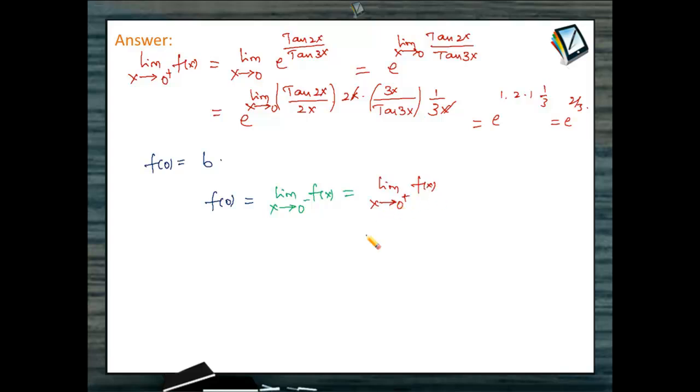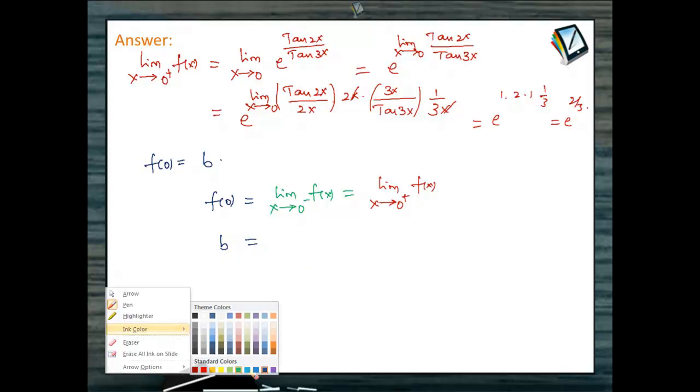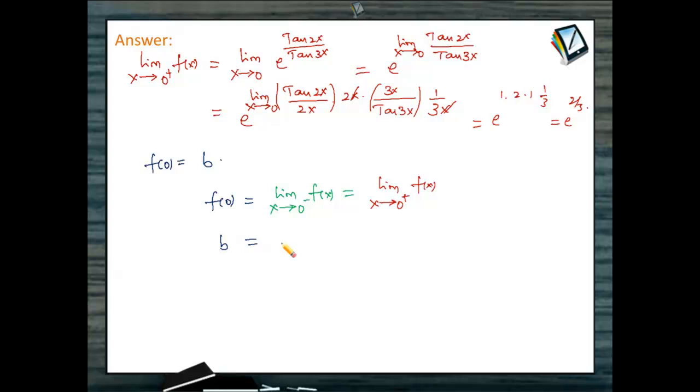If this condition is satisfied, then only the function would be continuous at x equal to 0, right? Now, what is f of 0 value? B must be equal to limit x tends to 0 minus which we calculated, e to the power of a, must be equal to 0 plus f of x limit, e to the power of 2 by 3. Now, if you look at this equation, can we get the values of a and b from this?